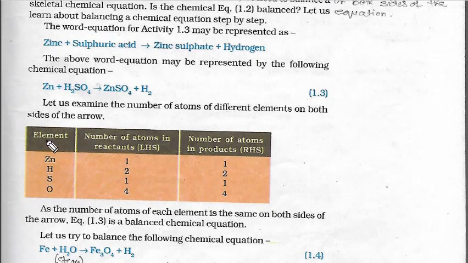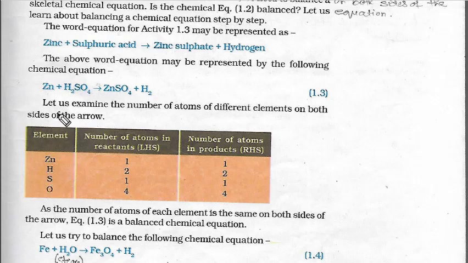We will make 3 columns: element, number of atoms on the reactant side, and number of atoms on the product side. Then we write the elements. On the left hand side zinc is 1, and on the right hand side zinc is also 1. Hydrogen is 2 on the left, and on the right hand side also 2.